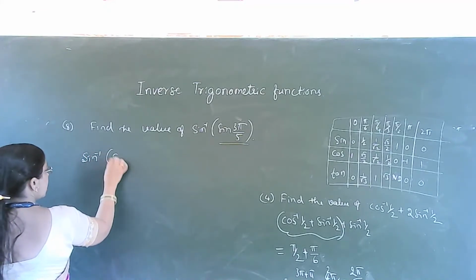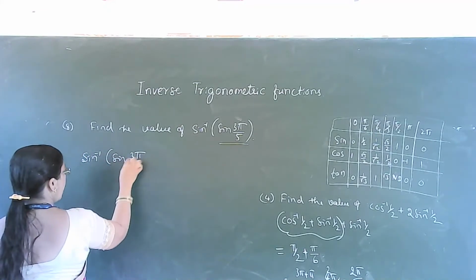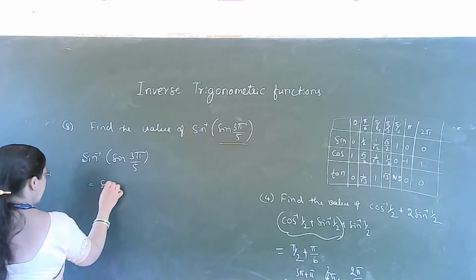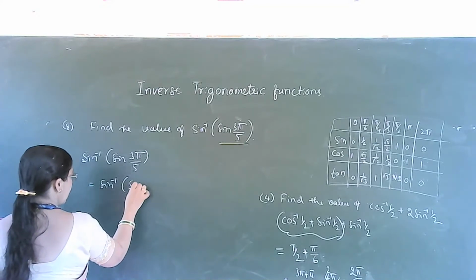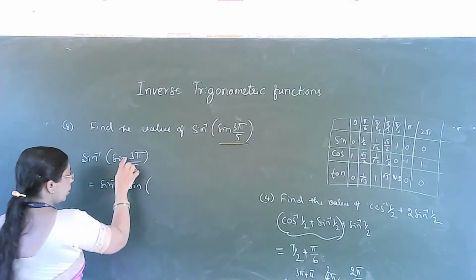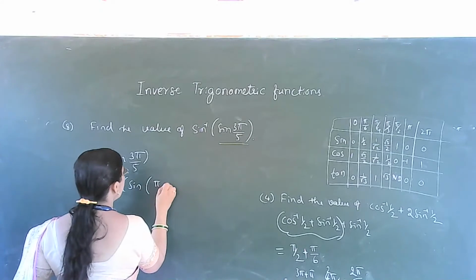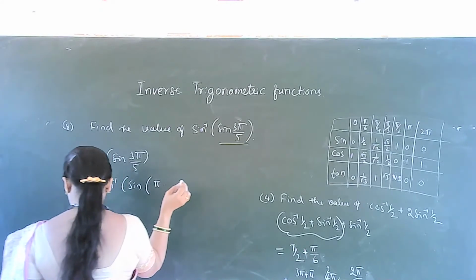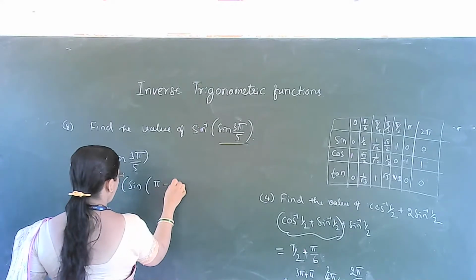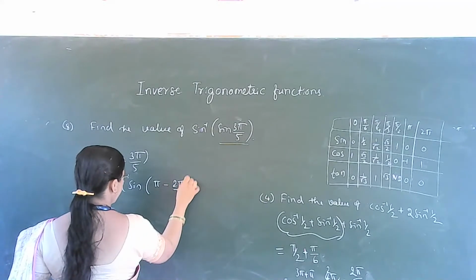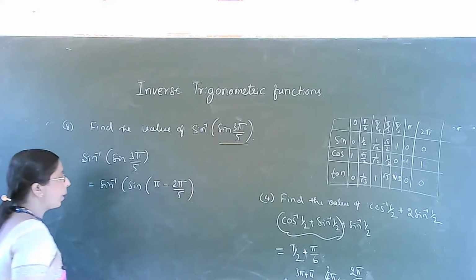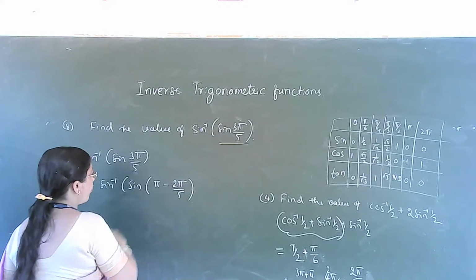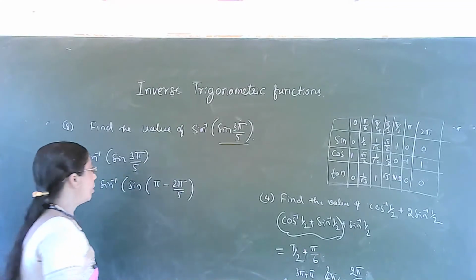Sine inverse of sine of 3 pi by 5 is equal to sine inverse of sine of pi minus 2 pi by 5, because pi minus 2 pi by 5 gives 3 pi by 5.